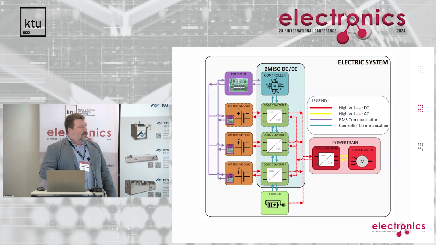You can do it, of course, with the controller, with smart measurements, so to avoid it, because otherwise you have this current, and this current, if it's zero, then all the currents should be zero. And those converters should forbid the exchange of energy between modules. So all balancing is going through the load.